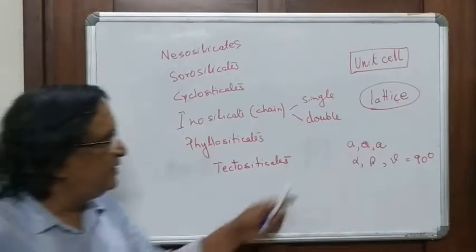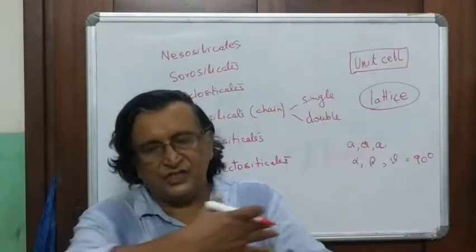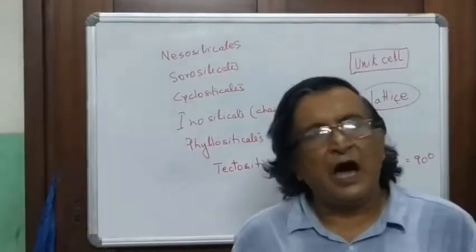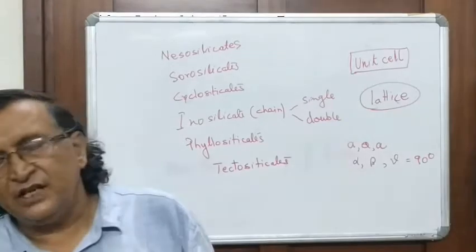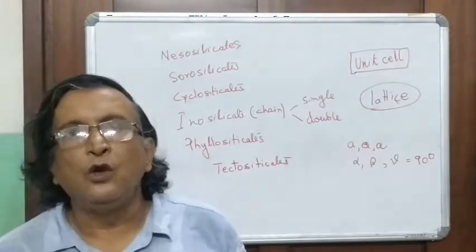So for the isometric system, all three crystallographic axes are equal in length, and the inter-axis angles are all 90 degrees.